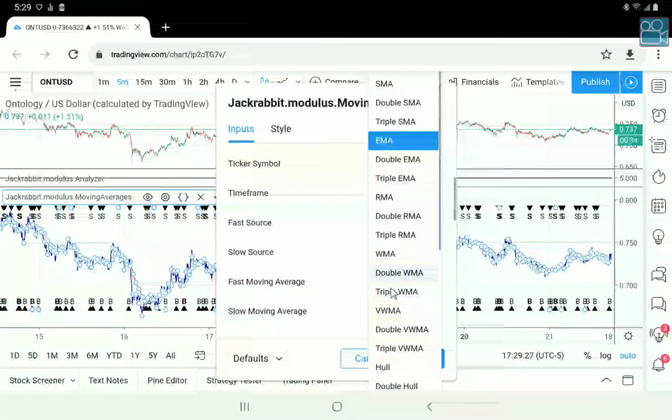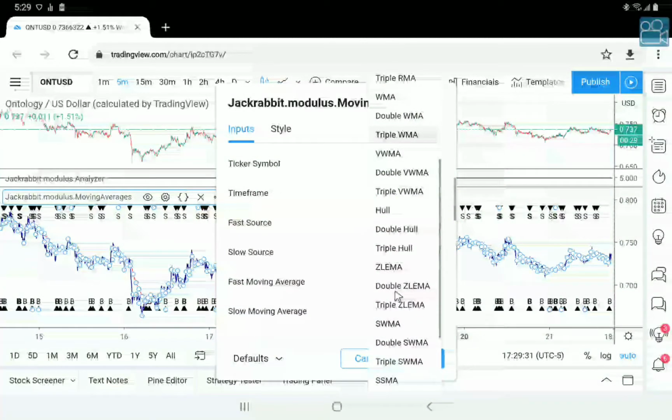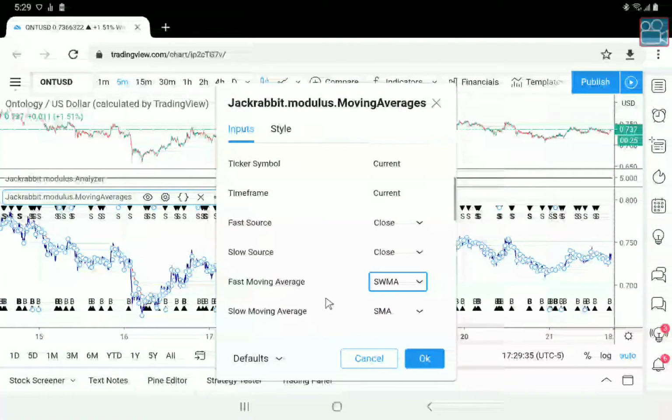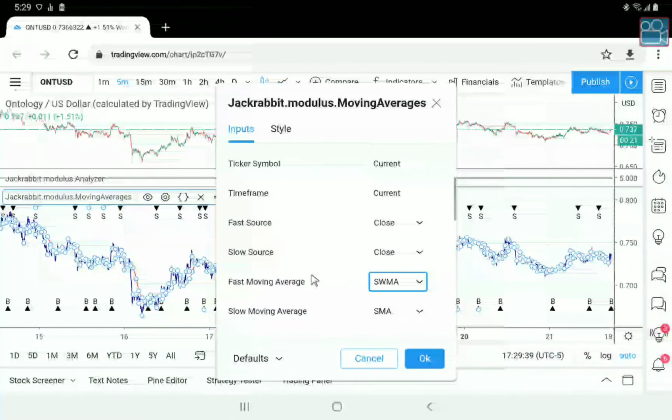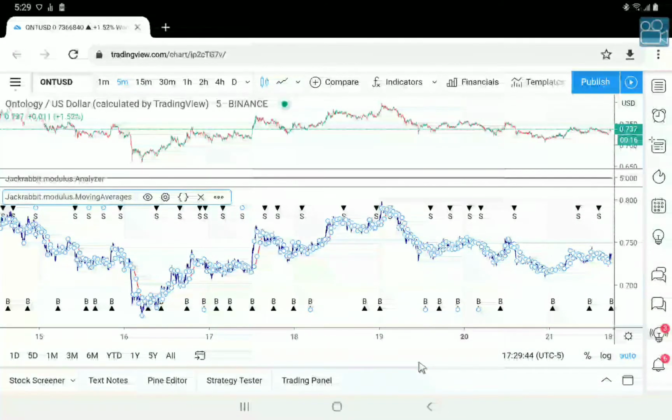SWMA as the first moving average. Nothing else changes. Here's what it looks like.